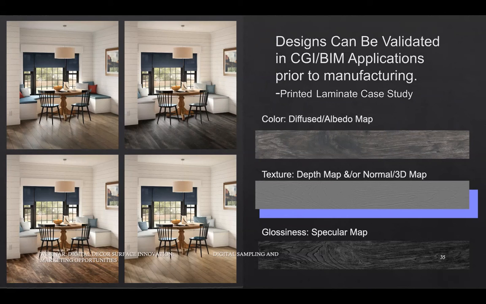So for each of those floors, 5 unique planks were scanned, and then those planks randomized in the software and laid down into the scene. And when you look close, you can see how the shadows are appropriate, how the glossiness is different. It reflects light like it would naturally reflect light. That's the purpose of these maps. So by imaging the product consistently, we can get a color correct render inside of these environments.